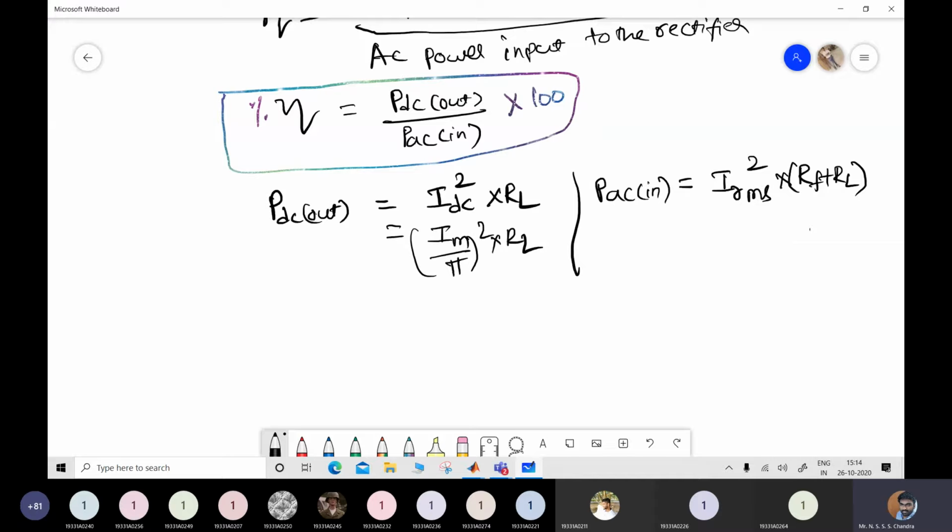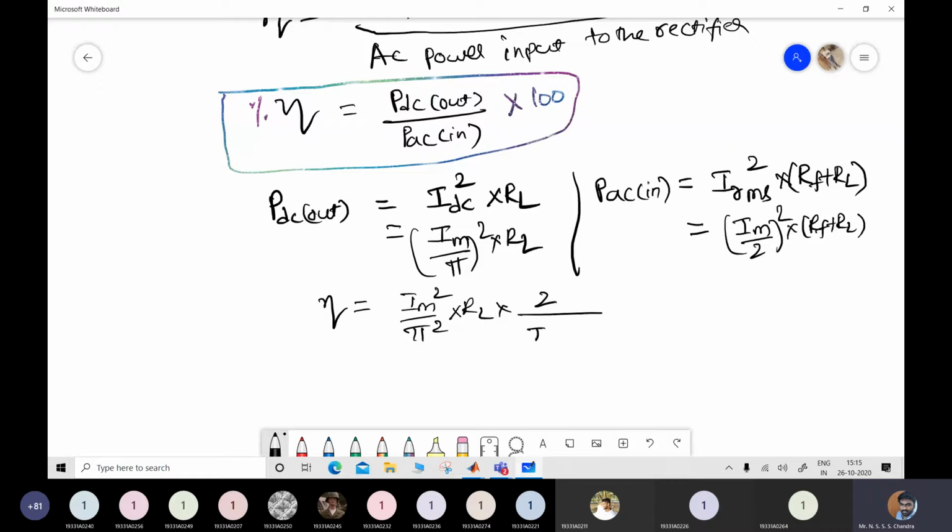Now tell me, what's the value of IRMS? Im by 2. So it is Im by 2 whole square into RF plus RL. So your rectifier efficiency eta equals PDC out by PAC in, that is Im square by pi square into RL, and the terms in the denominator come to the numerator, so it is into RF plus RL.